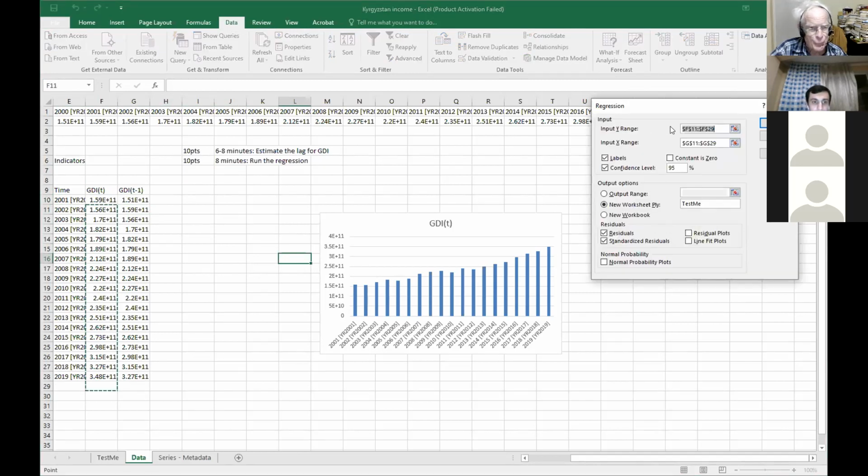Back now to regression. We begin now with F10, not F11, since I removed a row of observations. F10 to F28. And the same thing for the G column.